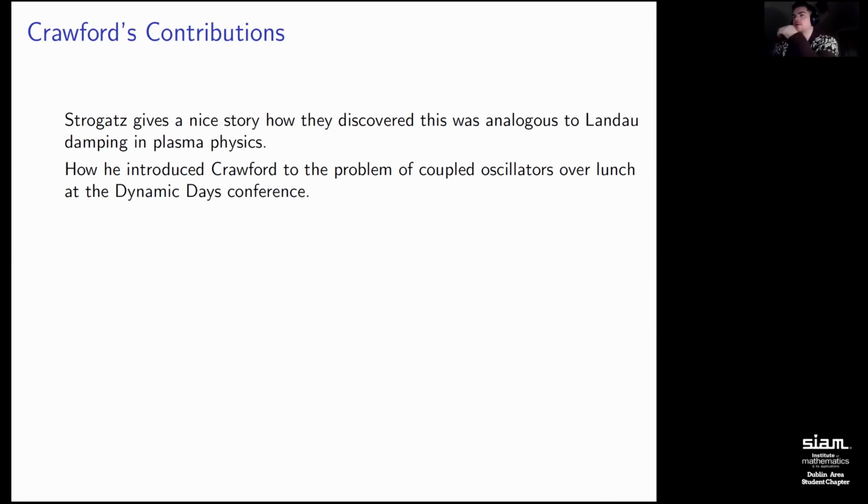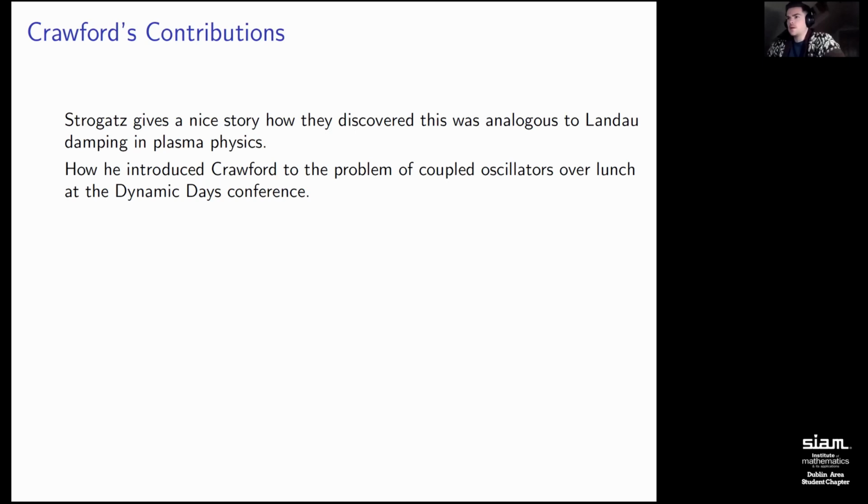And someone in the crowd basically said this is exactly the type of thing that happens in plasma physics. It's known as Landau damping. Then he talks about how he came across Crawford at a conference, and discussed the problem over lunch.